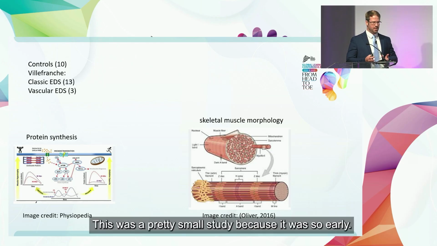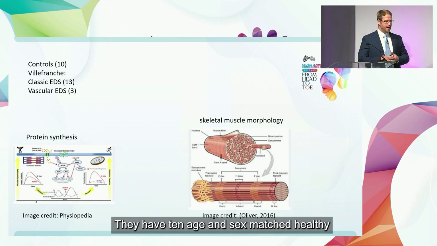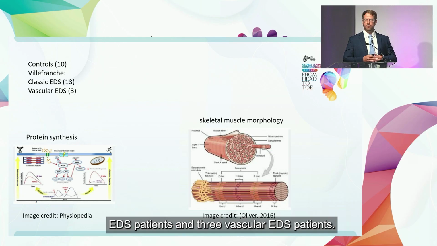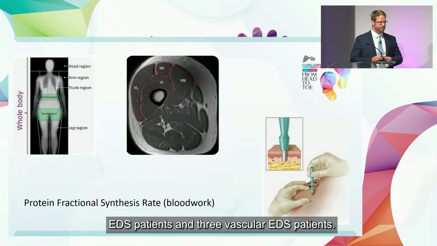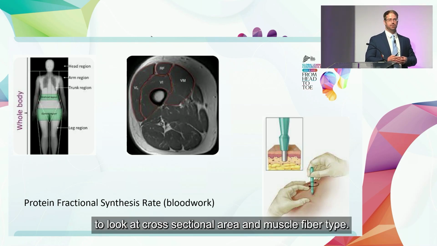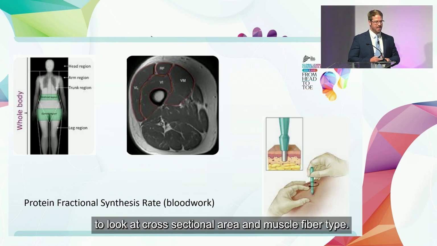This was a pretty small study because it was so early. They had 10 age- and sex-matched healthy controls, and they compared that to 13 classical EDS patients and 3 vascular EDS patients. They utilized a whole body DEXA scan and an MRI to look at cross-sectional area and muscle fiber type.